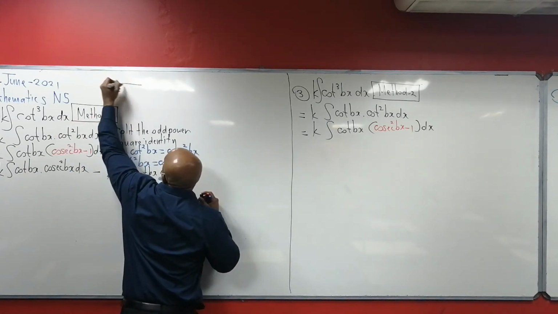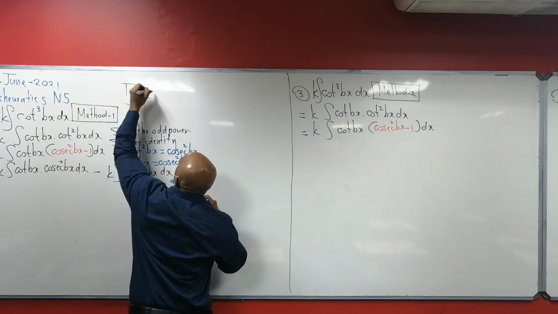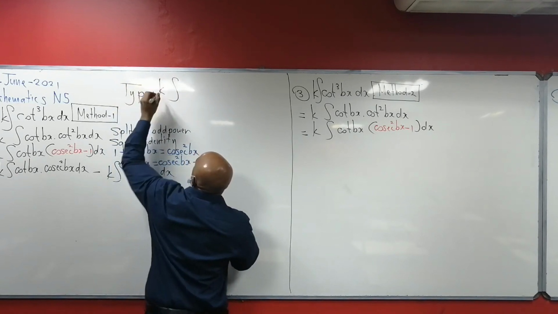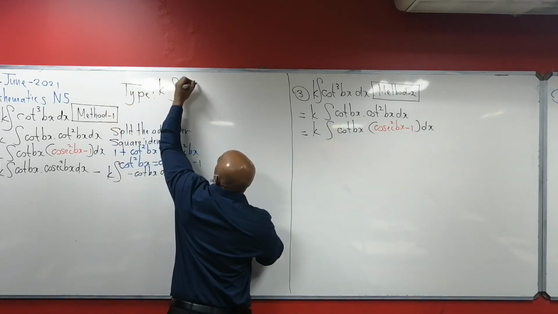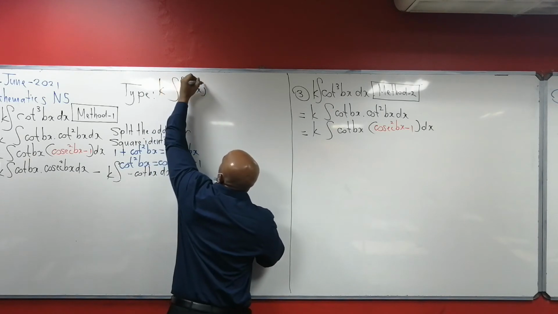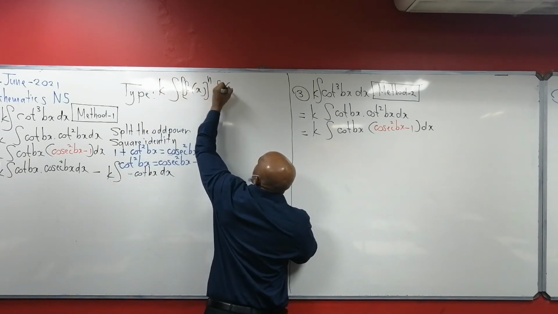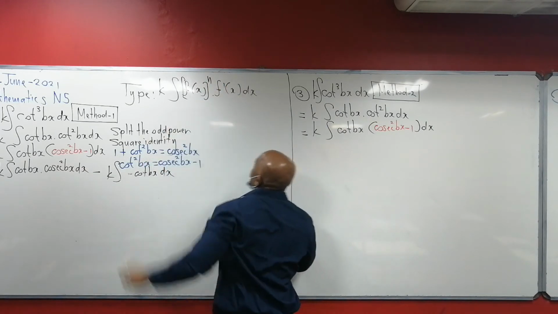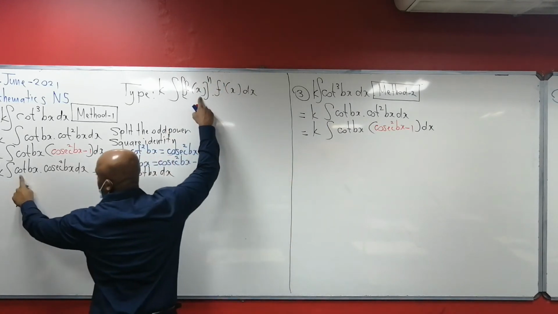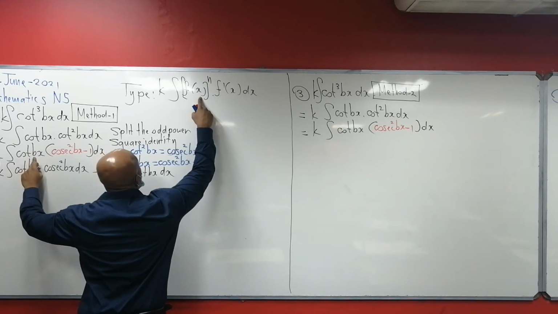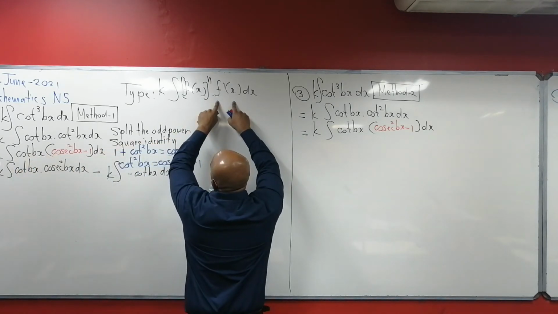So what am I talking about? I'm talking about this type. When we first did it, this is type multiplication where you have f of x all raised to the power n multiplied by f prime x. So there's my f of x to the power 1 multiplied by f prime x there.